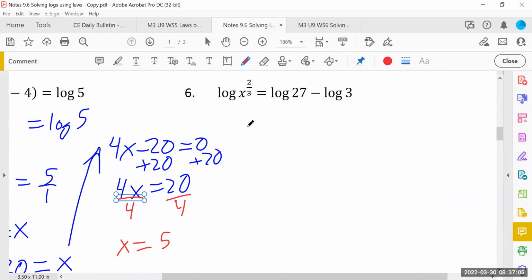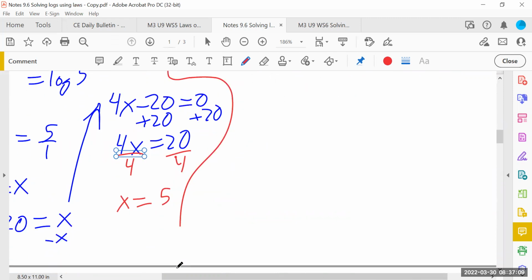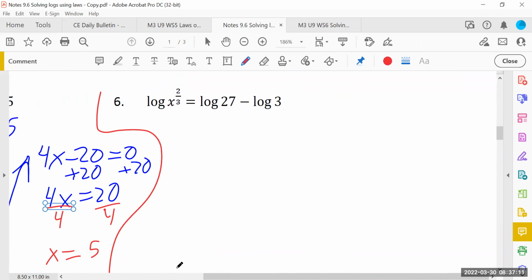All right, number 6. Log of x to the 2/3 equals log of 27 minus log of 3. And Ashant, again, you just came in.